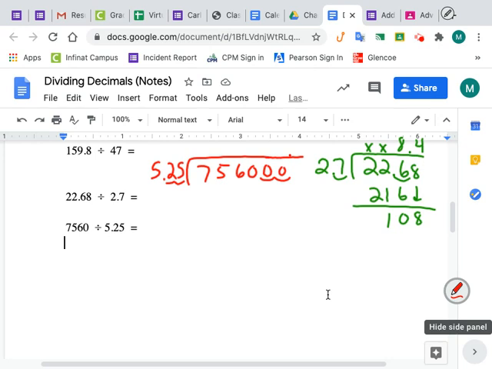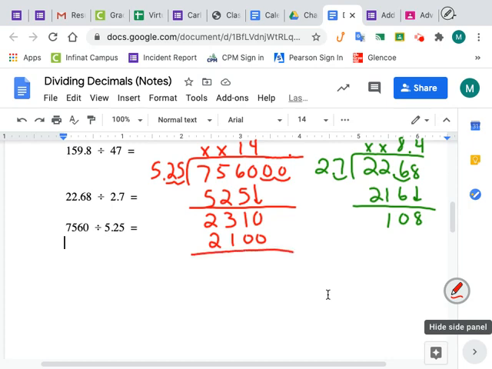525 goes into 756 one time, because I know it won't go here and here. So 5, 2, 5. I get 2, 3, 1. Bring down my 0. I know that it goes in 4 times to give me 2100. So I get 2, 1, 0.